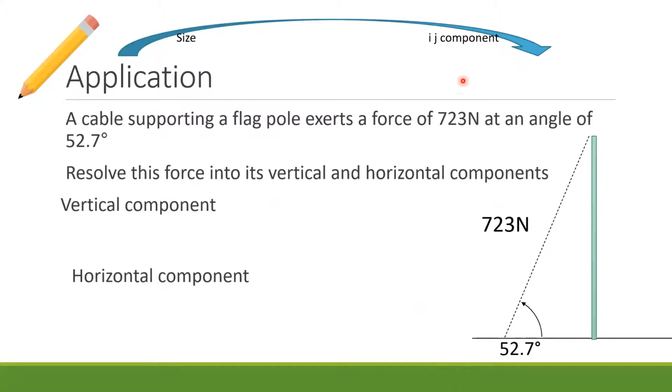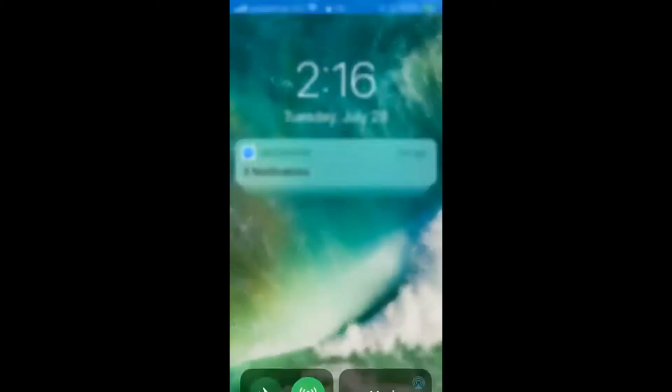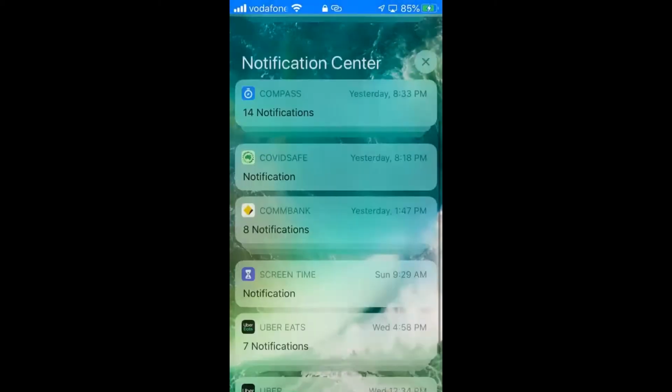What is the vertical component of this pull? And you can actually calculate this. I'm just going to draw it, so you can follow along with me.